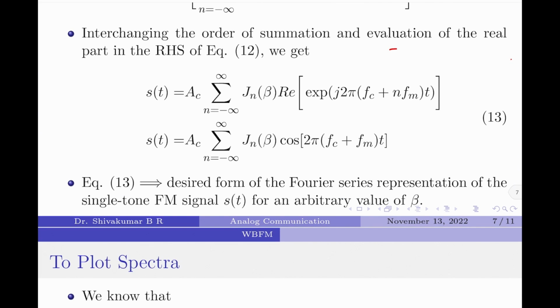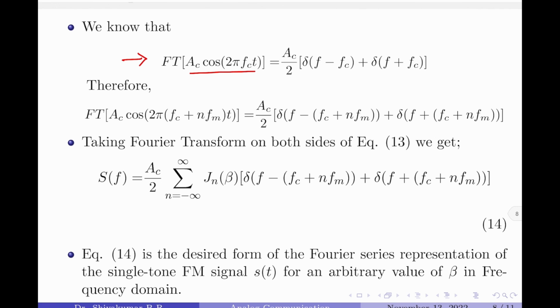Now, if you come back to the equation for the time domain representation of the frequency modulated signal, you have cos 2 pi (f_c plus n f_m) t in the RHS. Therefore, the Fourier transform of A_c into cos 2 pi (f_c plus n f_m) t is given by A_c by 2 delta of f minus (f_c plus n f_m) plus delta of f plus (f_c plus n f_m).